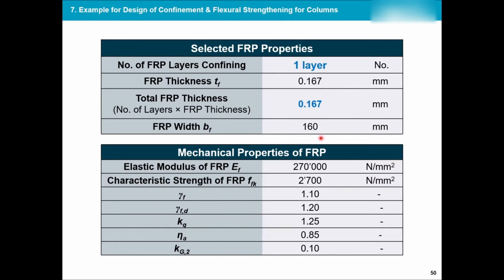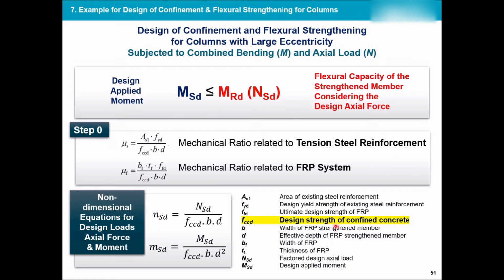I have the width of my FRP and the mechanical properties of it, which all have been provided by the factory. We are trying to do this, but we said because the calculation is a little bit sophisticated, we use non-dimensional values of both of these. We followed steps 0, 1, 2, 3, 4.